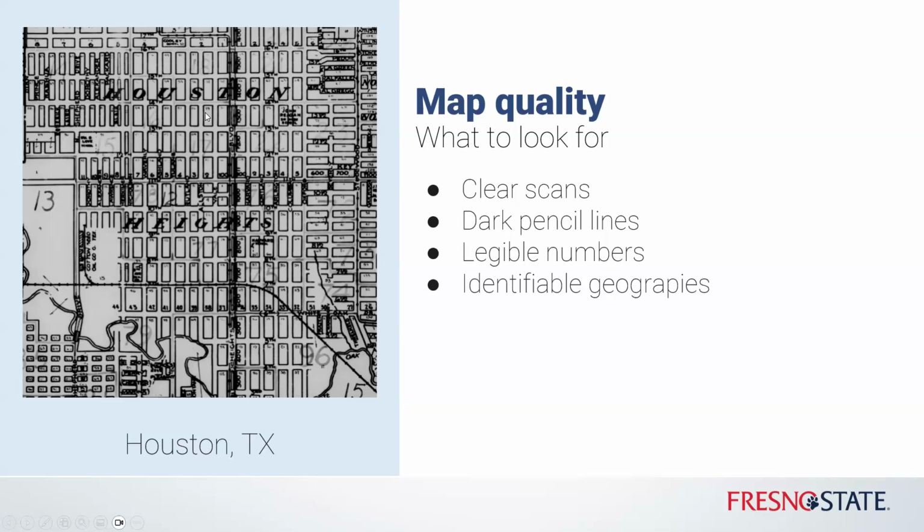And the block numbers are important when you're using the descriptions because they will often say what blocks are within this enumeration district. And you can see the street names, which is important because enumeration districts in urban areas like this are often defined by the streets. So this is good. You have very dark pencil lines. You have legible numbers, and legible is a relative term.